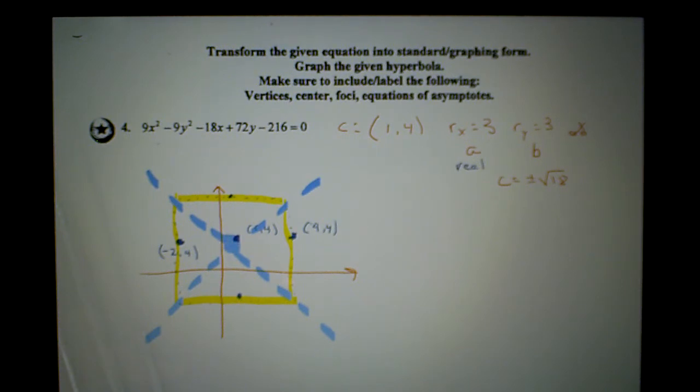There's your slant asymptotes. Once you have your slant asymptotes, now you can sketch your wings along the slant asymptotes. You do not have to find X and Y intercepts of these.